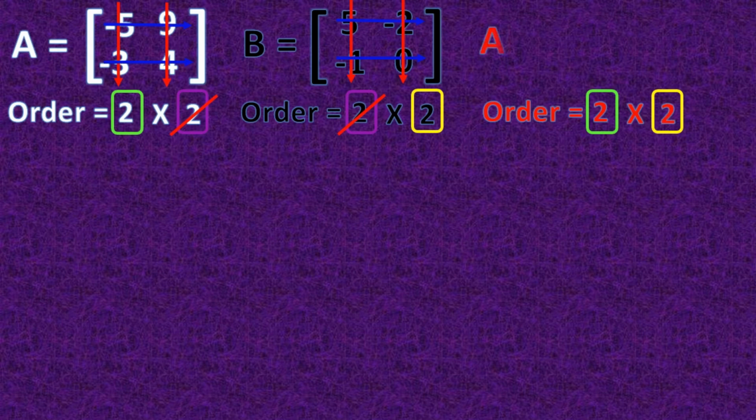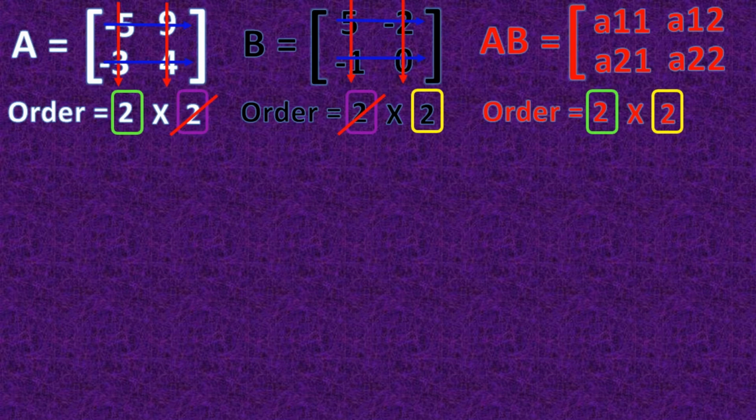And matrix AB will be of the format, the elements will be of the format A11, A12, A21 and A22. Bracket close. Now students, let's actually multiply matrix A and B. So write matrix A and matrix B side by side.